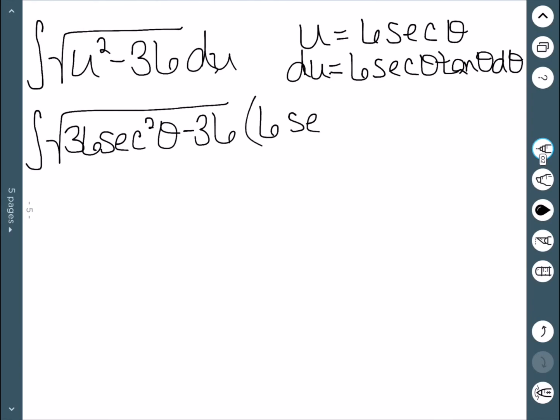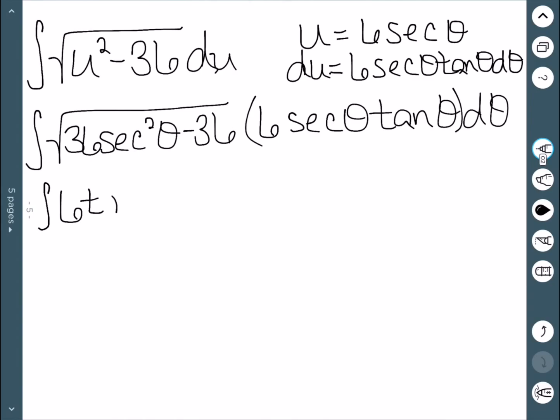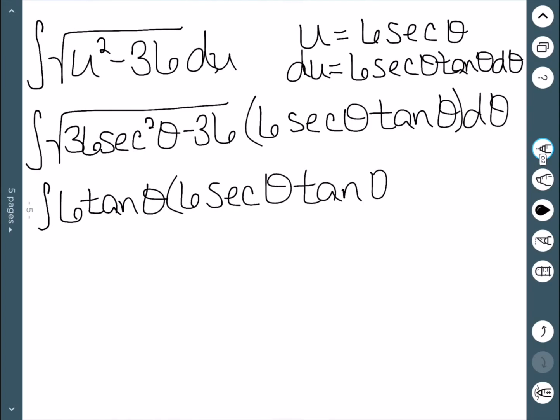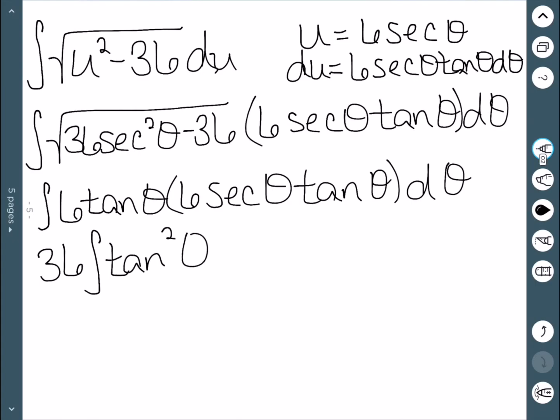And the du becomes 6 secant theta tangent theta d theta. Simplifying, my square root becomes 6 tangent theta times 6 secant theta tangent theta d theta. Therefore, I have the integral of 36 tangent squared theta secant theta d theta. So now I need to deal with this integral.